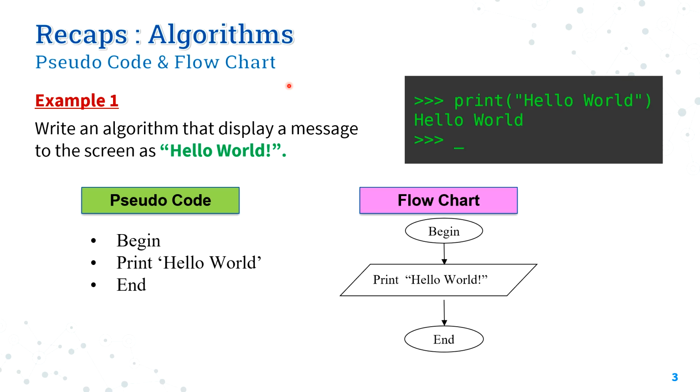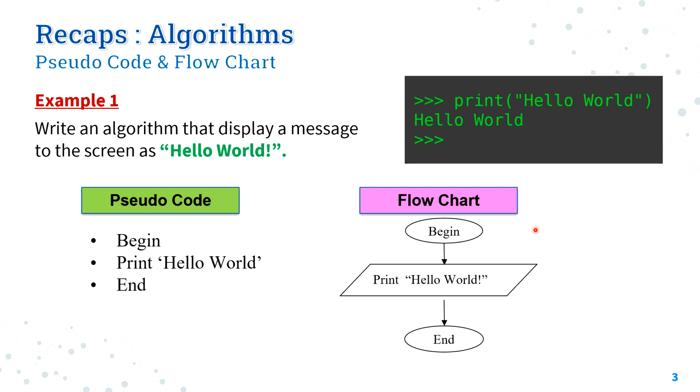The right way to do this is by mapping out our algorithms using pseudocode and flowcharts. For example, if we want to display a simple message like "Hello World," our pseudocode simply begins, prints the message, in this case "Hello World," and ends.